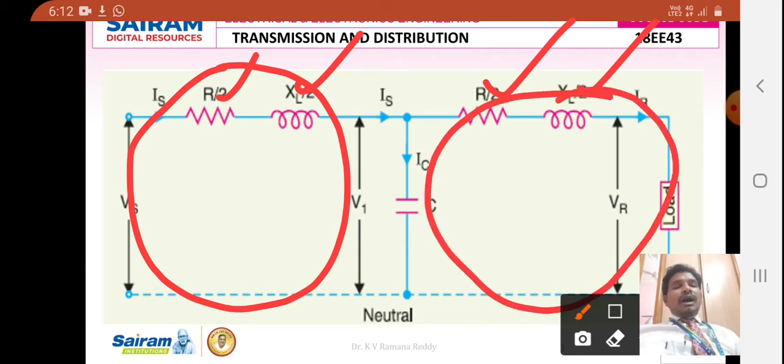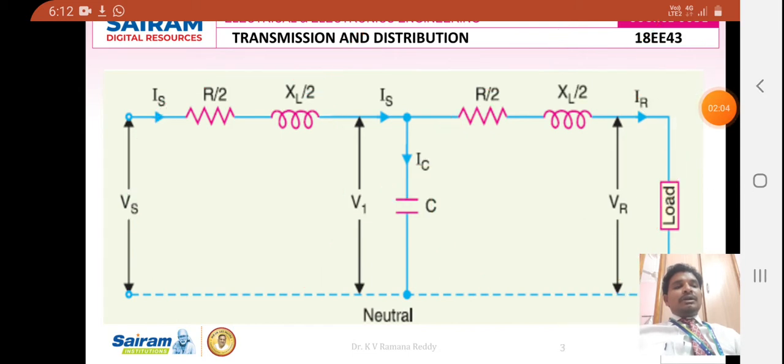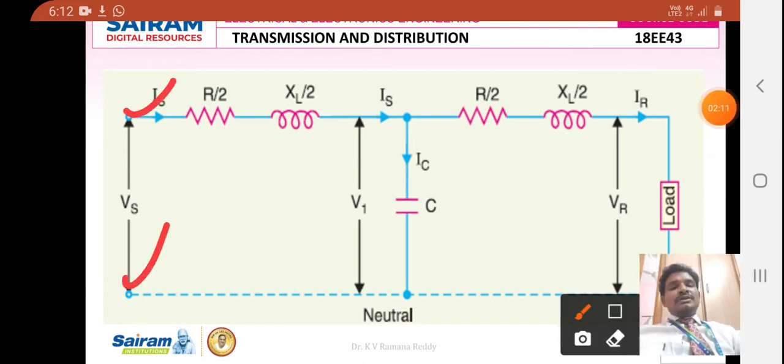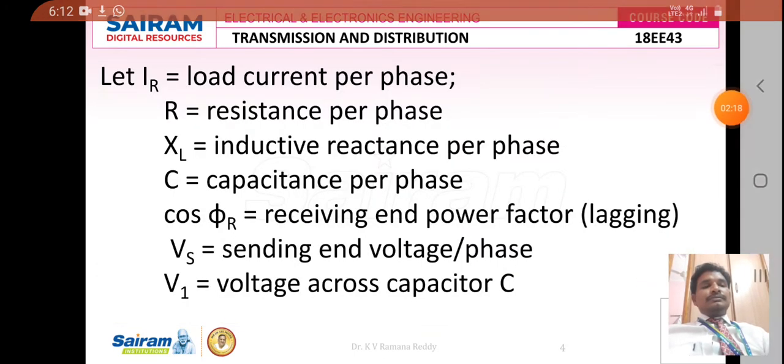And the shunt arm consists of the transmission line capacitance, which is taken exactly at the midpoint of the transmission line. Here all these parameters are taken between one phase and neutral. Among the three-phase system, we can take any one of the phases as a reference.